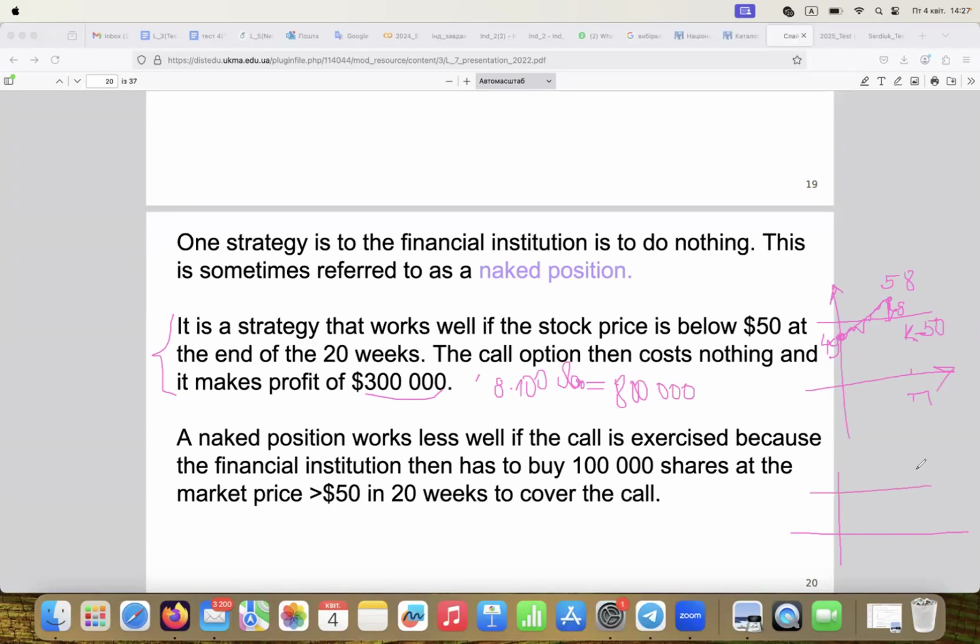There are other scenarios. We have this K 50, but the price is less than 50 at this moment.